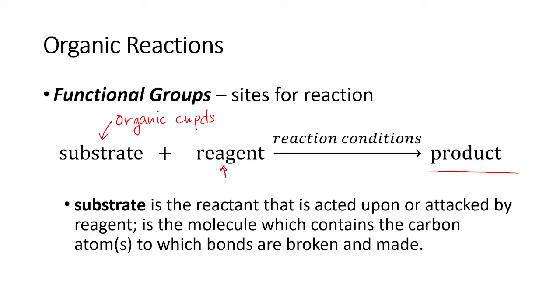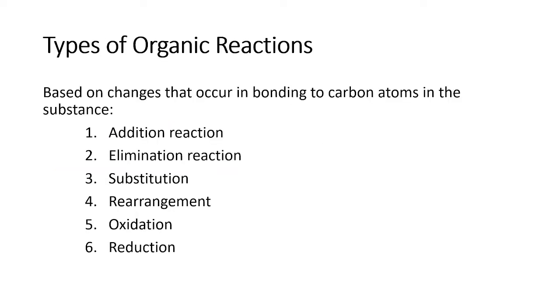The classification of organic reactions into addition, elimination, substitution, and rearrangement is based on the changes that occur in the bonding to carbon atoms in the substrate. Meaning to say, we can classify each of the reactions based on the changes that happened on our substrate.